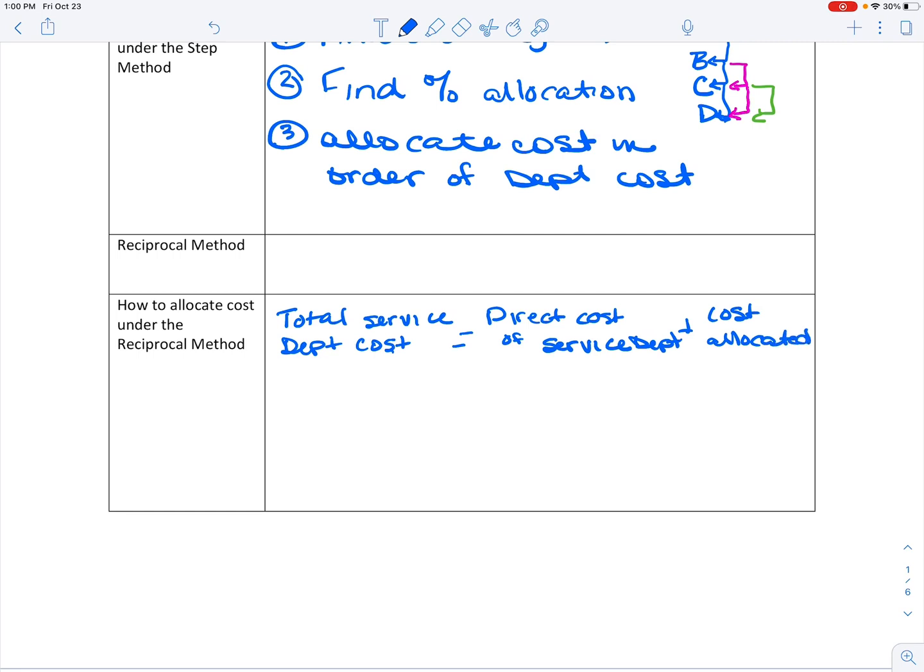Let me show you what that means. So you're going to set up this equation for each service department. And then the next thing you're going to do is start substituting equations to solve.